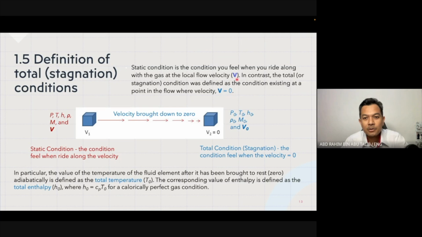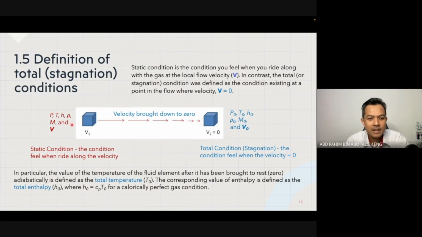So there are two conditions here. One is that you ride along with the gas at the local velocity v, or in contrast, you experience a point in the flow where the velocity is equal to zero.